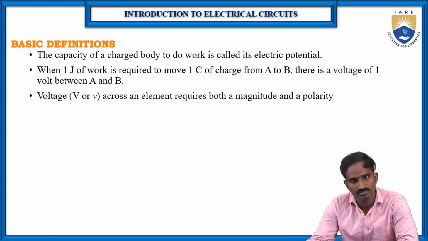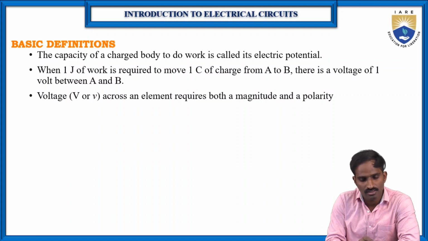In other terms, the voltage is also called the potential difference between the 2 points. Voltage or potential difference, both are representing the same. The potential difference or the voltage is nothing but the capacity of the charged body to do work, called its electric potential.